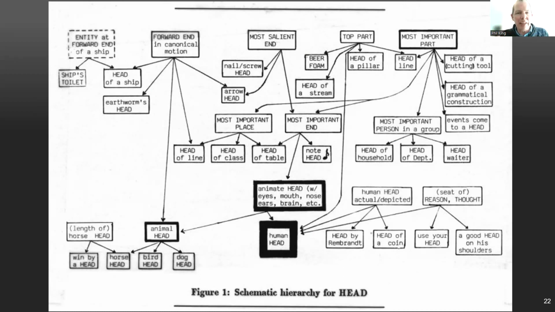One is the high-level abstract schemas, such as the most important part, which is up on the top right of this picture. The other one is highly salient prototypical structures, such as human head. That's probably the one we're going to come across most often, and that's the one he's got this very thick black line around at the bottom.